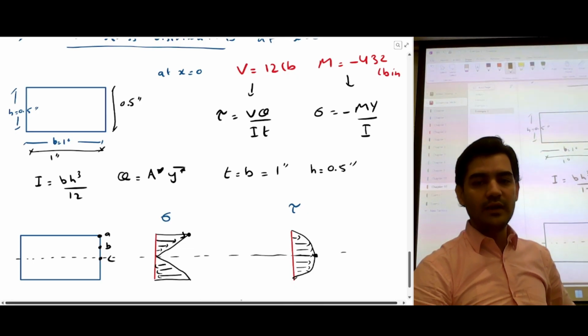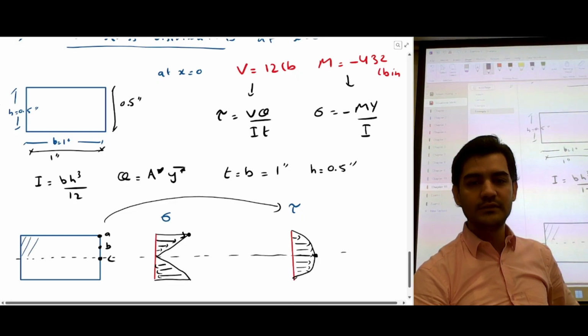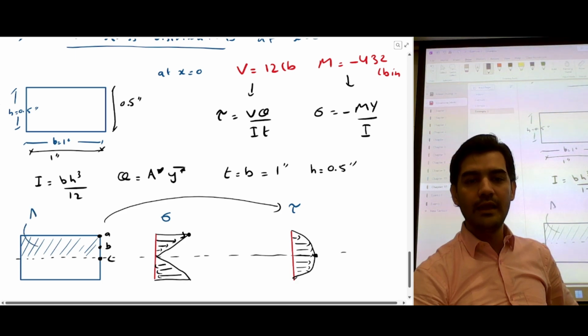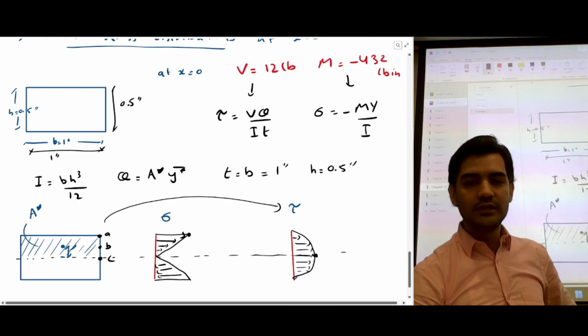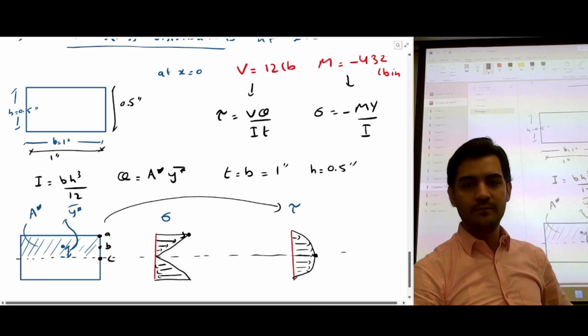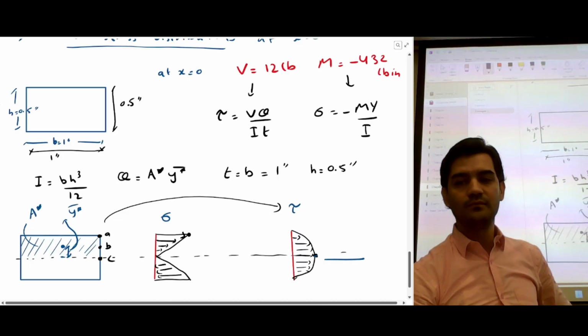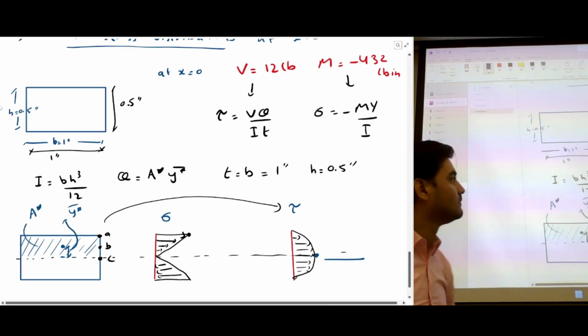If you want to calculate the shear stress at point C, your A star would be this entire thing. And from the neutral axis to the center, this point is y star, right? And this will give us the value just at the center.